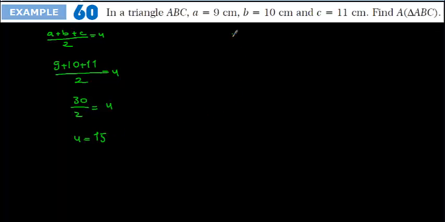Then if I apply Heron's rule, area is equal to root of u times u minus a times u minus b times u minus c.